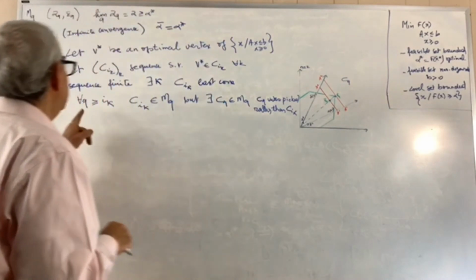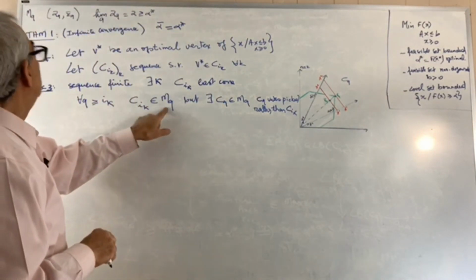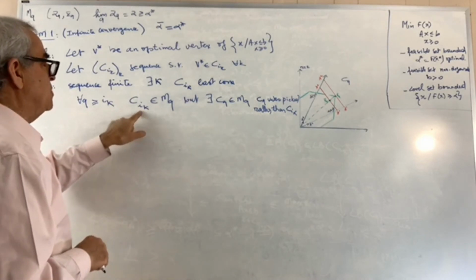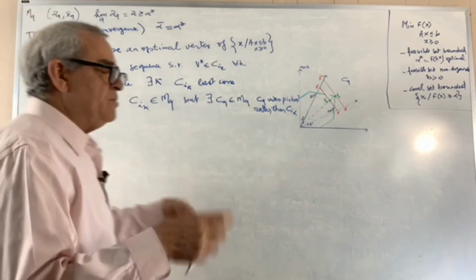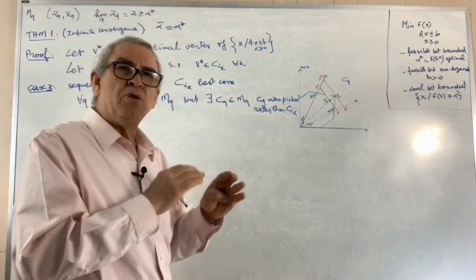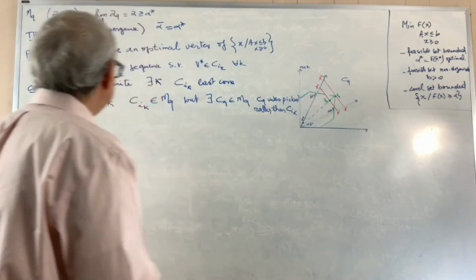It's just because Cik belonging to the set of cones MQ to be searched, but we always found another cone to pick rather than this cone. That's why this sequence never continued.